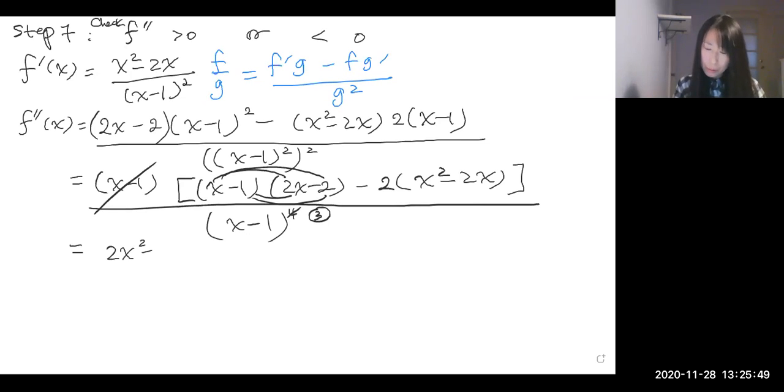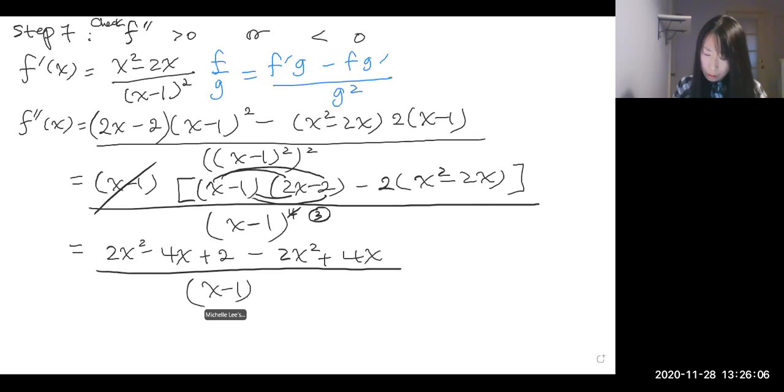There is a negative 2x and negative 2x, which is negative 4x, plus 2, minus 2x squared plus 4x, over x minus 1 cubed.